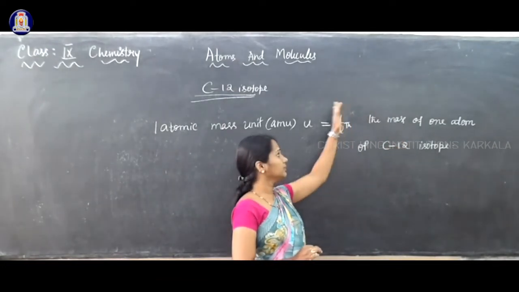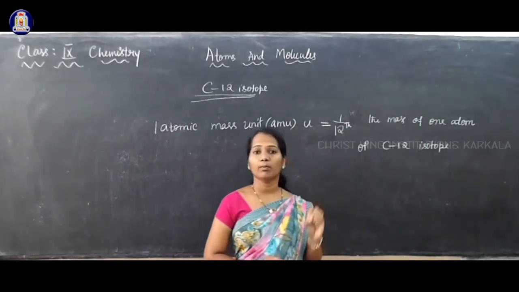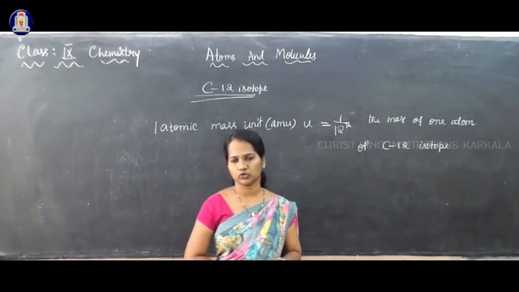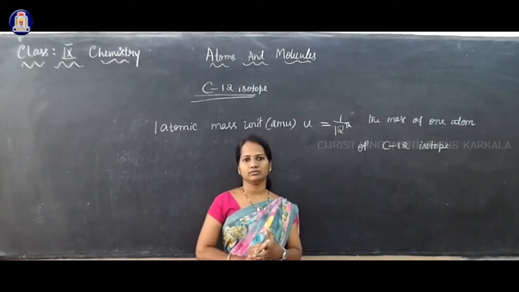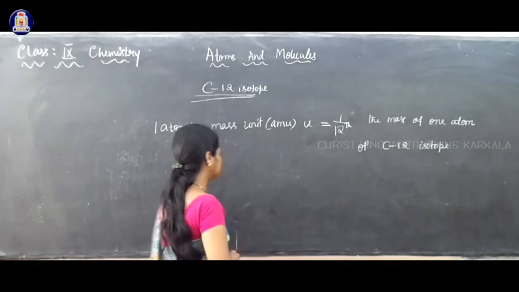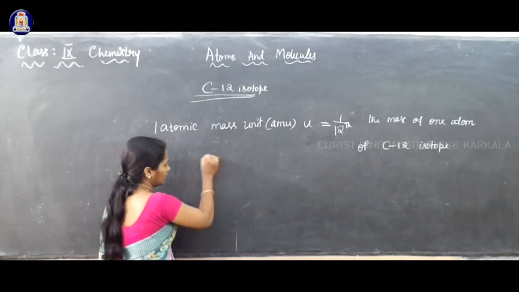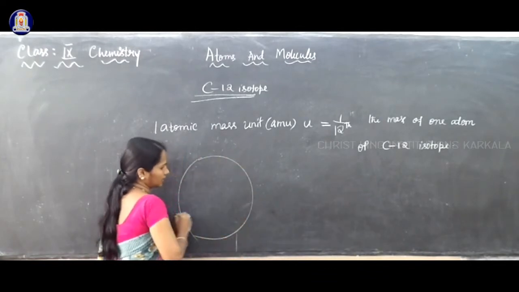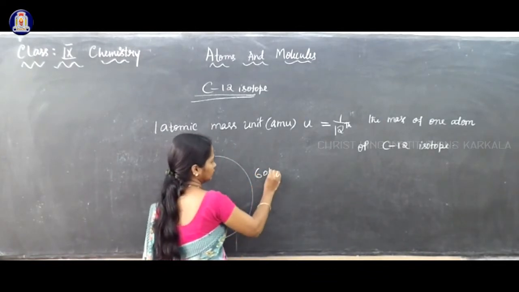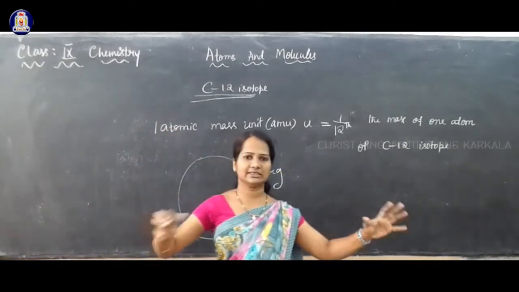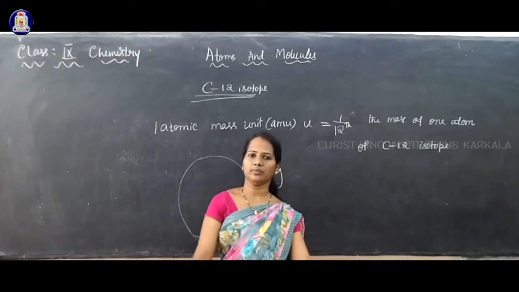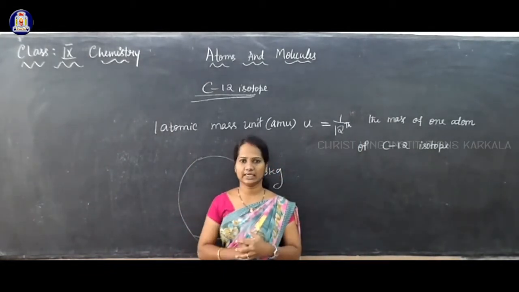So, what do we mean by this 1 by 12 mass of the carbon 12 isotope? Consider a pumpkin whose weight is 60 kg. There is no real 60 kg pumpkin, but still consider a very big pumpkin of 60 kg.